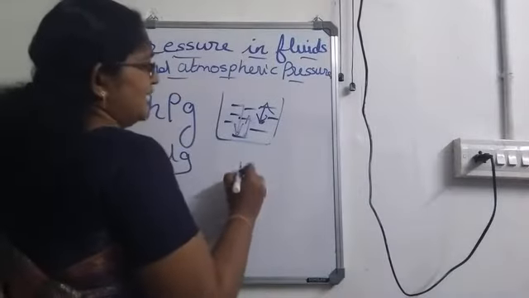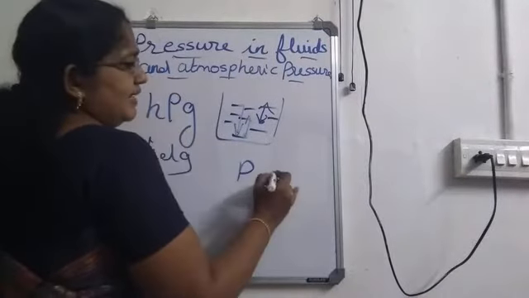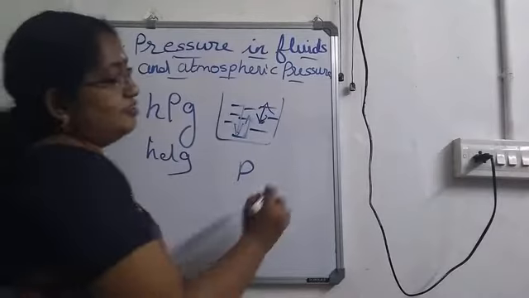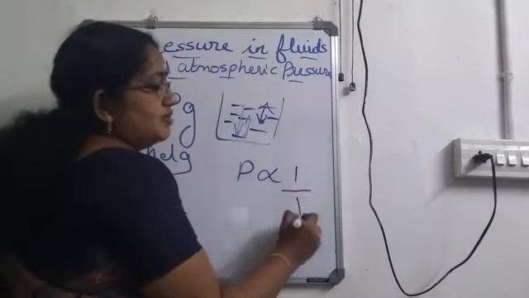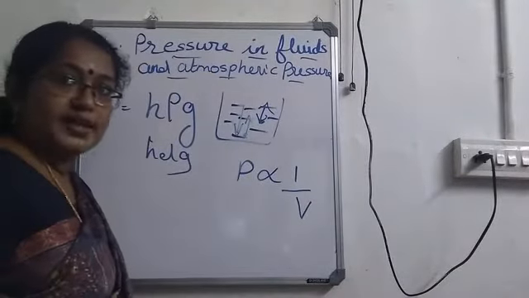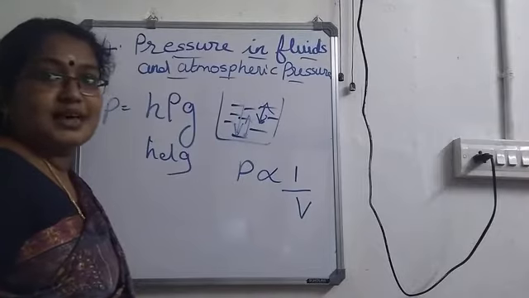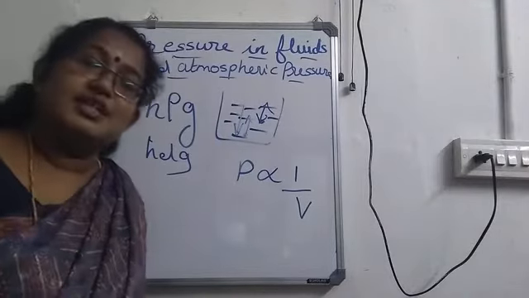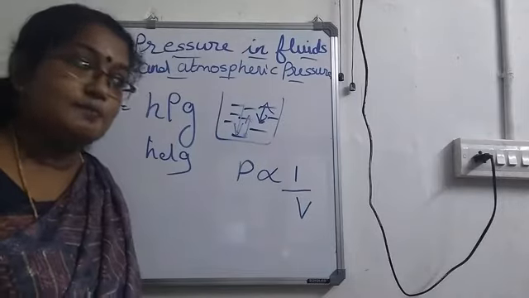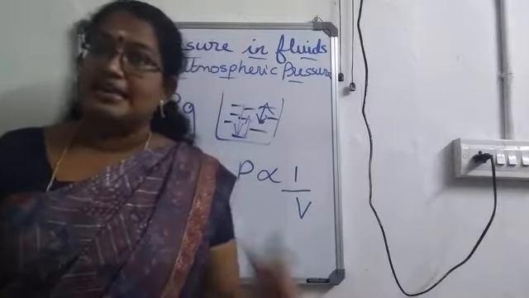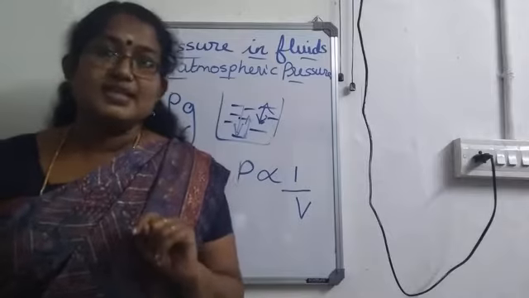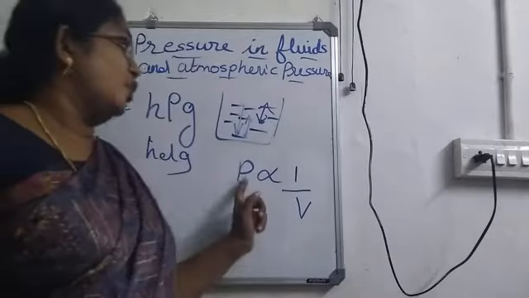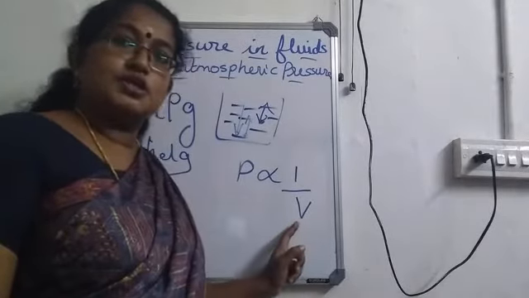And we have a relation connecting pressure and volume: pressure is inversely proportional to volume. I think you have learned this in chemistry. What is the name given for this? P is inversely proportional to V, or PV is a constant. It is Boyle's law, isn't it? According to Boyle's law, pressure is inversely proportional to volume.